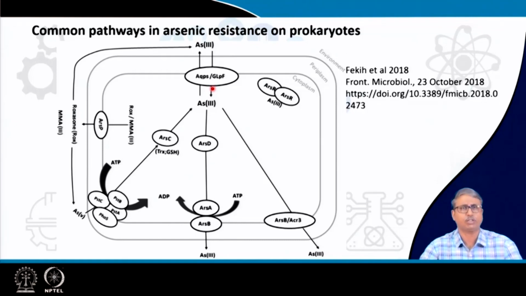This could be a part of what we call arsenic homeostasis, where cells try to make a living with arsenic. So, they do not say no to the arsenic, they allow the arsenic to come in, and all the arsenic 3 which is accumulated, either through direct entry through these aquaporin kind of pumps or by reduction of arsenate to arsenite, is subsequently effluxed out by different efflux systems like the ARSB system or the ACR3 system or other systems which utilize different types of energy sources, and they throw out, or efflux out, the arsenic as arsenic 3.